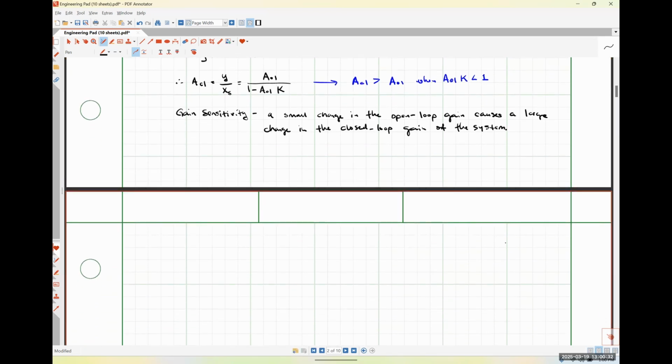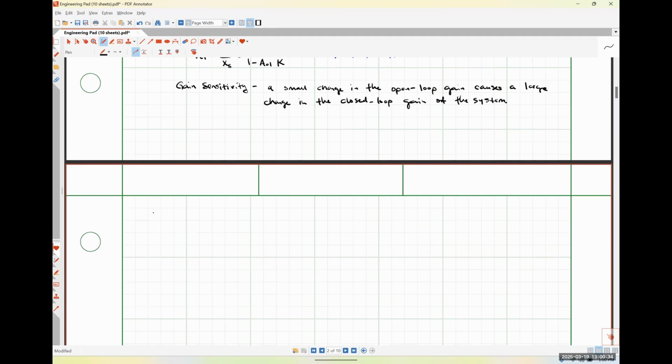So let's look at a simple example of this, okay? Let's say that I have an open loop gain of 10 and a feedback factor K of 0.0999, okay? I am not going to round that up to 0.1, and we'll talk about why in just a second.